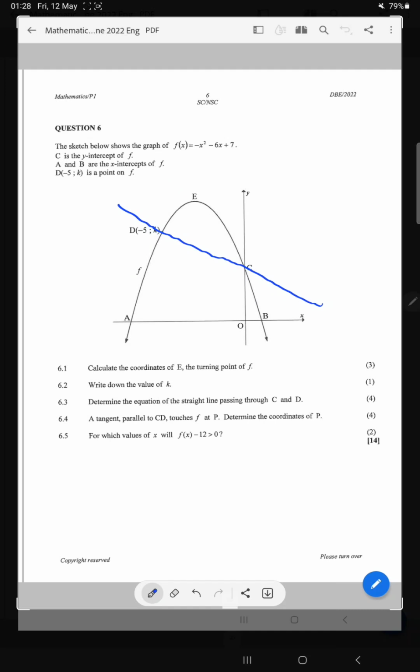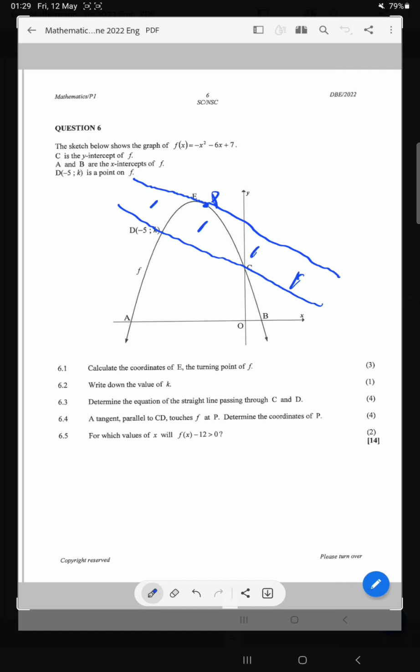So that line must run somewhere there. The space in between should be exactly the same. My drawing is not that perfect. So P is going to be somewhere there, not at the point E.